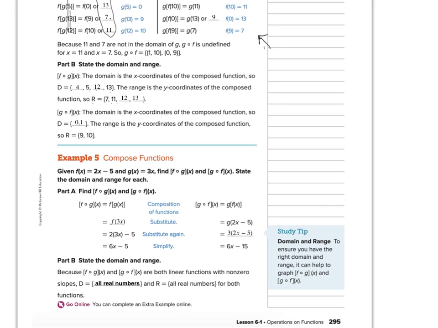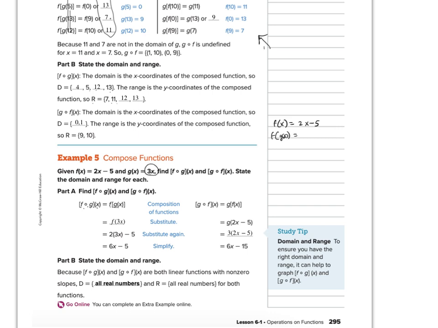So here, say f of g of x. Wherever I have x, I'm going to plug in g of x. So f of x is actually equal to 2x minus 5. Wherever there is an x, I am going to put in g of x.